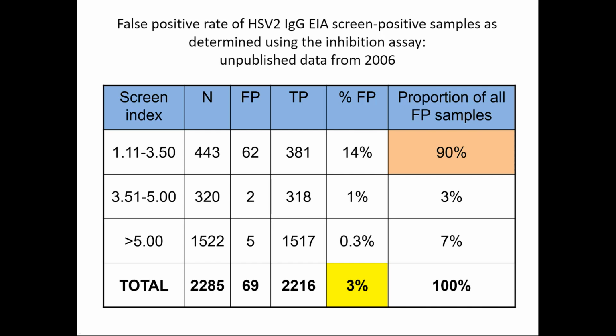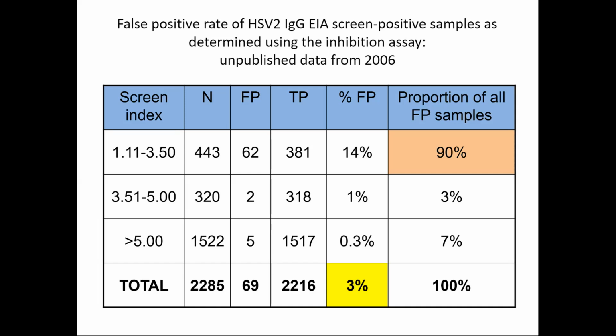So once we started offering this test in 2002 or 2003, in 2006, we took a look at the false positive rate in our group, and this is some unpublished data from 2006. The bottom line, literally, look at the bottom line, of 2,285 samples, 3% of them were false positive.